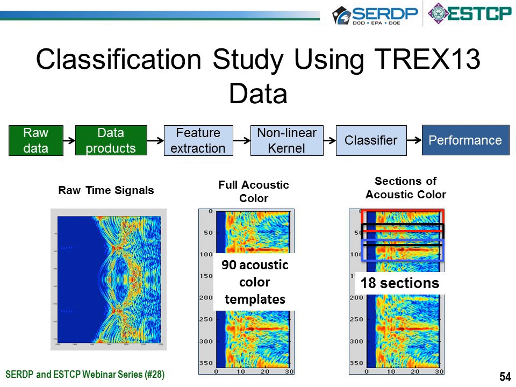On the bottom left here, I show you a picture of the raw time signals. We've done the processing to create full acoustic color templates of those, and during this experiment, we had 90 acoustic color templates. Our data products are going to take these full acoustic color templates and section them off into 18 uniformly overlapping sections.